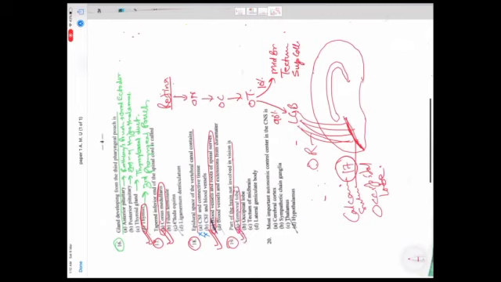Okay, lastly, in the same slide, I'm showing you the most important autonomic control center in CNS. The options: cerebral cortex, sympathetic chain ganglion, thalamus, hypothalamus.